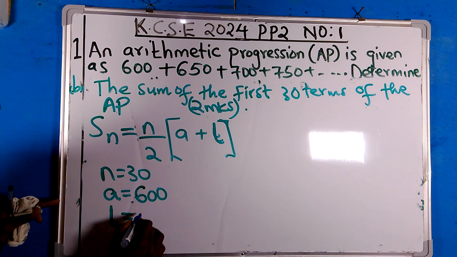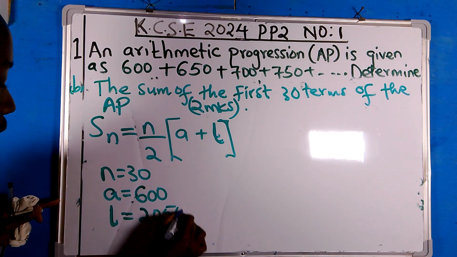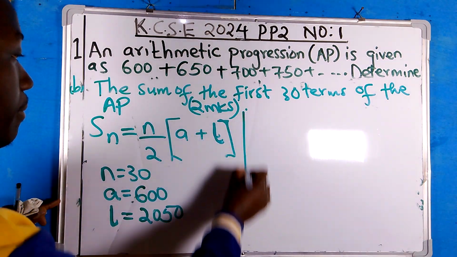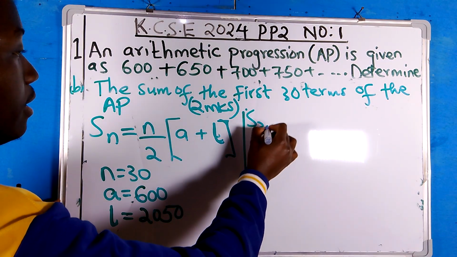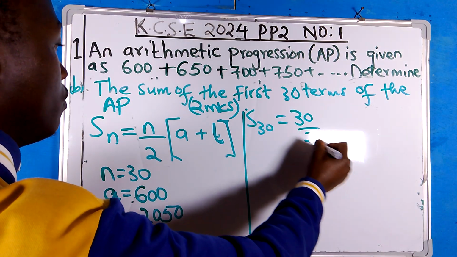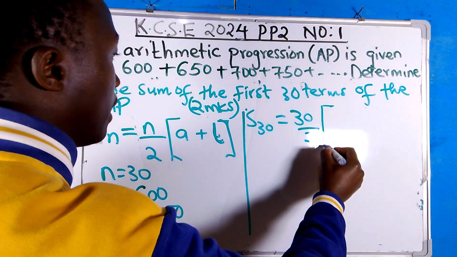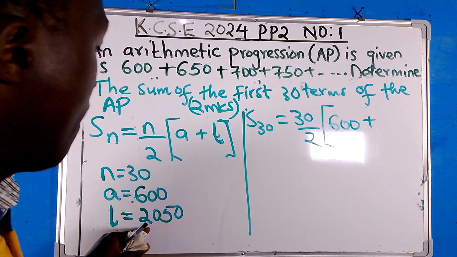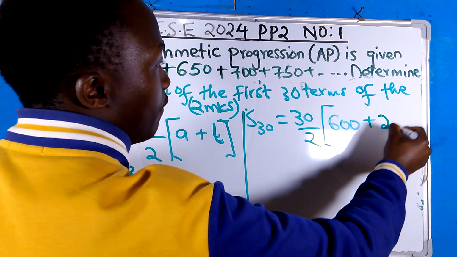On the top it was 2050. That was our 30th term. So the sum of 30 will be equal to 30 divided by 2 into brackets 600 plus our L, 2050.